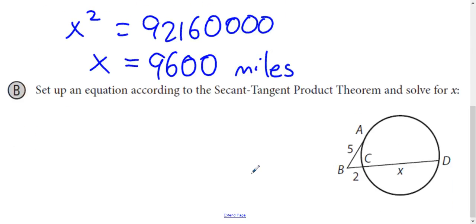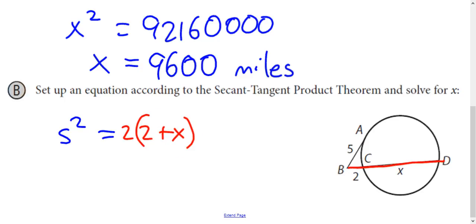Do the same thing for this. We have another secant and a tangent, so you take the tangent side squared equals the secant. For the secant, you do the whole length, 2 plus x, times the outside piece, which is 2.